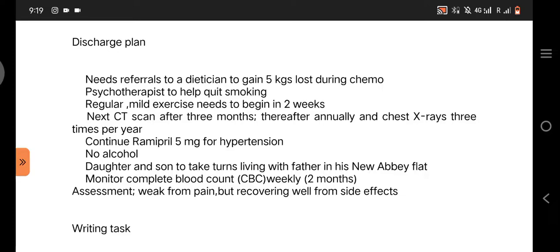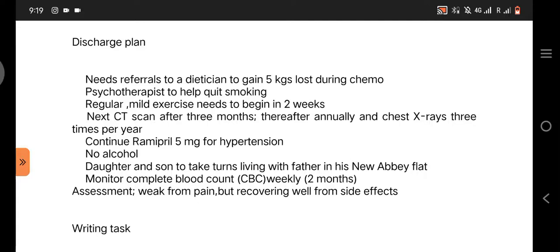So what I did is I took the case note, read the writing task, then went through the case note and analyzed it. I read all the presenting complaints first, then the past medical and social history, then the discharge plan.